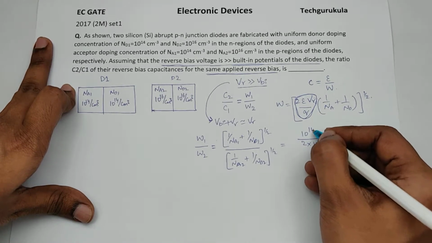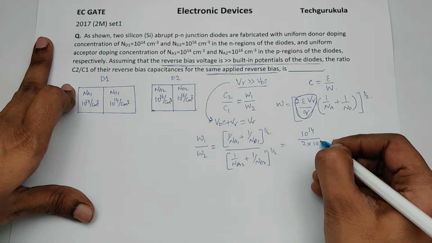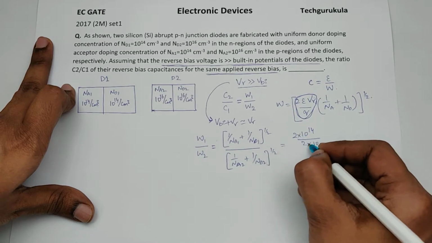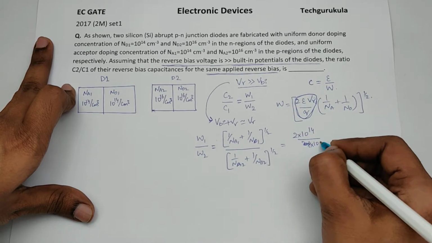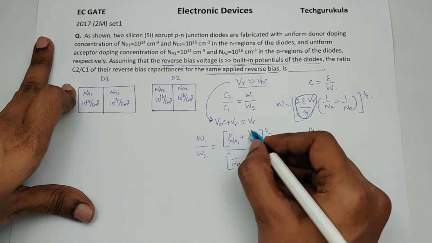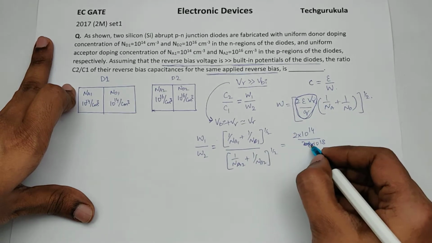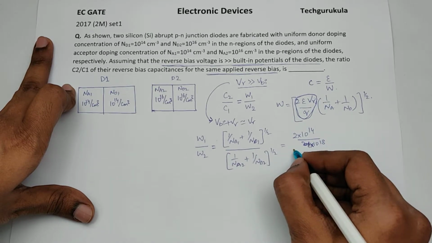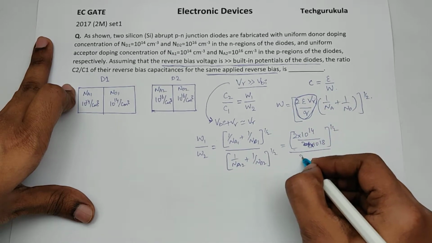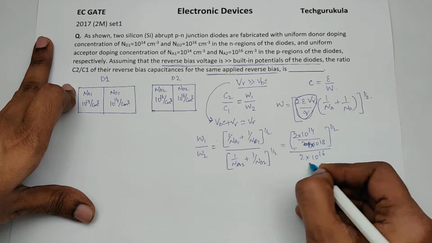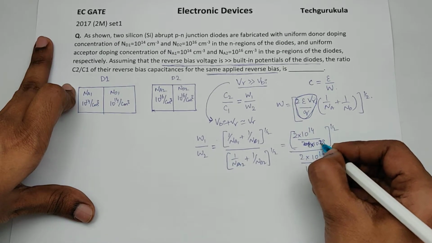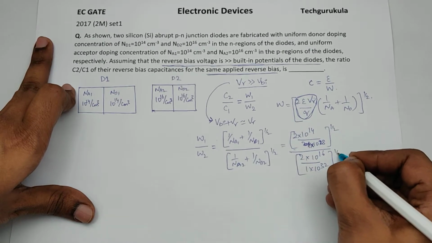Sorry, let me completely write that: I'll have 2 times 10 power 14 divided by 1 times 10 power 28 if I substitute, because I am adding them here. 10 power 14 plus 10 power 14 is 2 times 10 power 14 divided by 10 power 28, whole power half, and divided by here 2 times 10 power 16 divided by 1 times 10 power 32, whole power half.